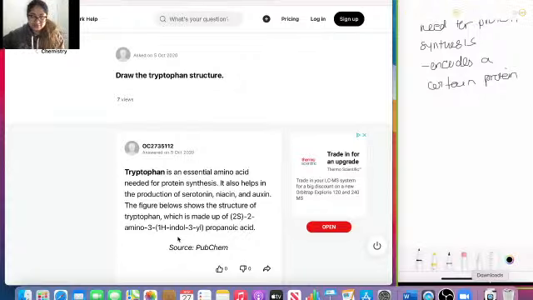And to draw this structure, it says it is made out of 2S-2-amino-3-(1H-indol-3-yl)propanoic acid. Okay, so the structure is basically this.